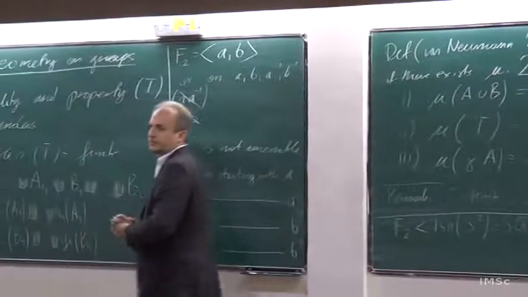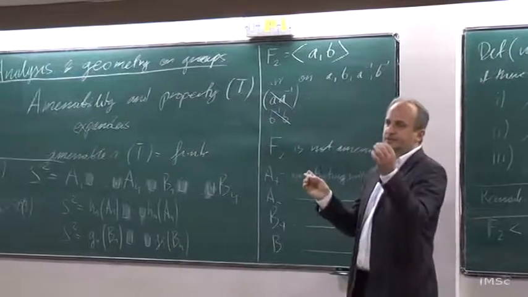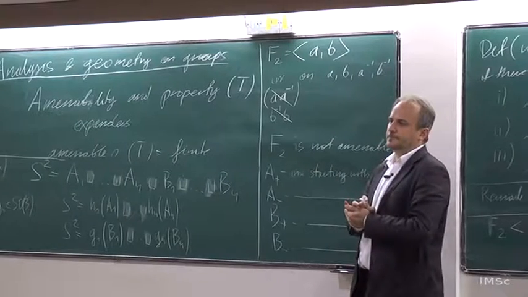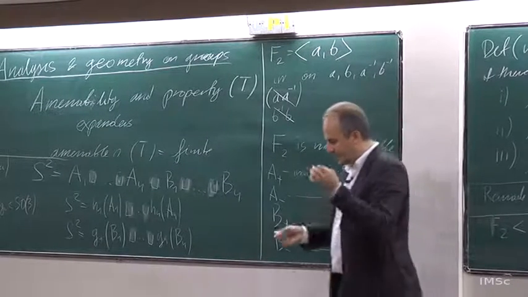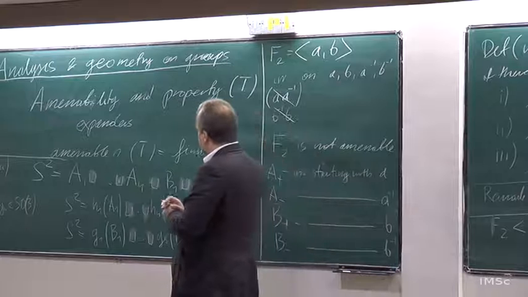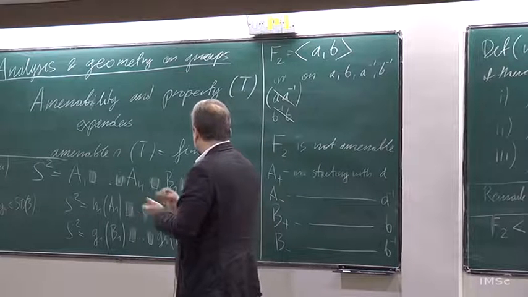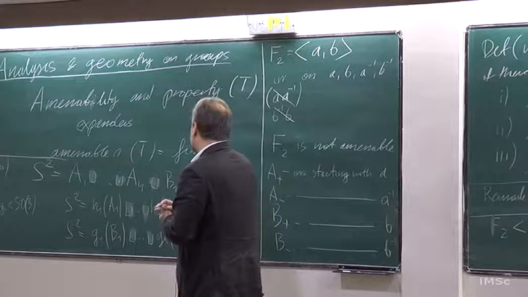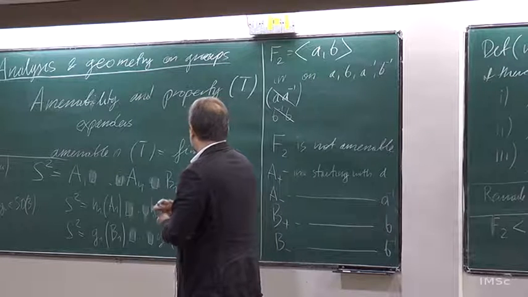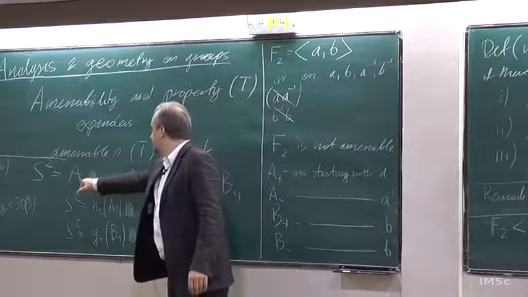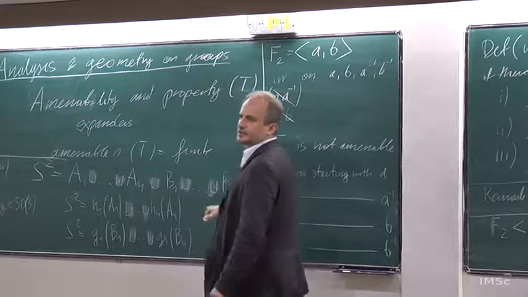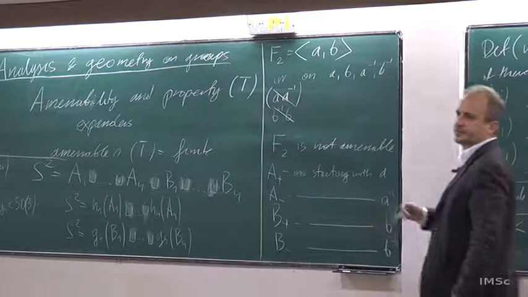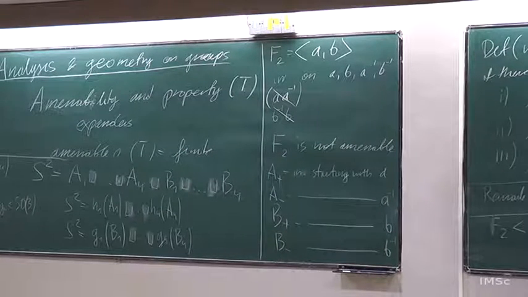Okay, the only problem is that there are fixed points. Each non-trivial rotation has two fixed points, and that's why one has to use more pieces in this paradoxical decomposition. But essentially, you've seen how it's done.